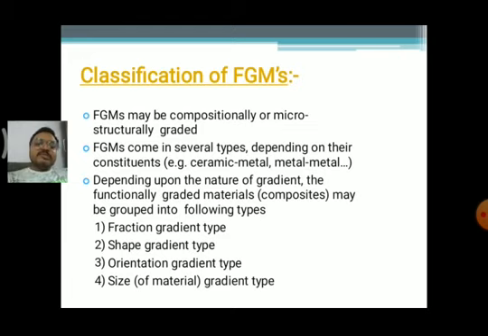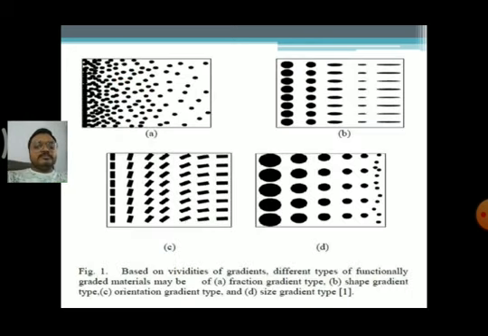So these are the four types in this classification, which is an important one. Based on different varieties of gradients, functionally graded materials can be classified into four types.